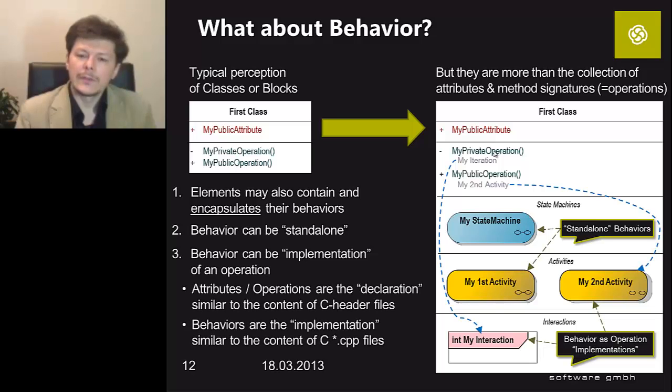In that case, the operation is connected to the behavior. It's very similar to C or C++ concepts. Operations and attributes are the declaration part, similar to the content of header files. And the behaviors are the implementation of the declaration, similar to the content of CPP or C files.